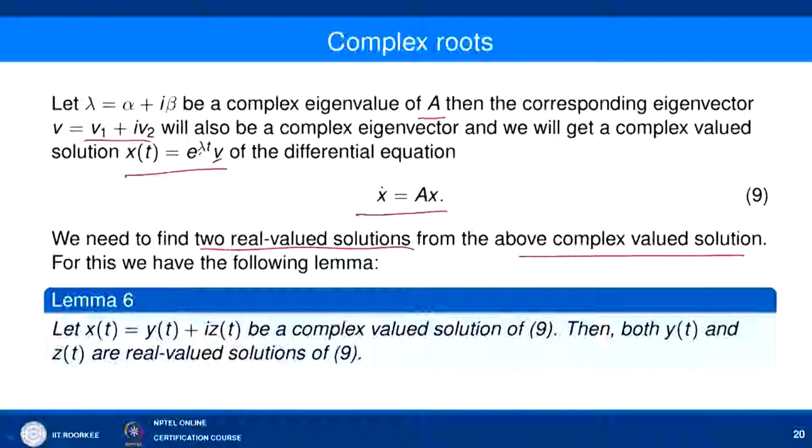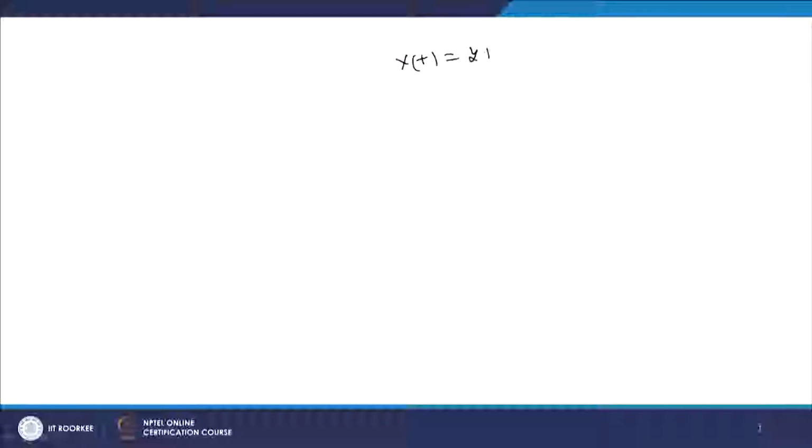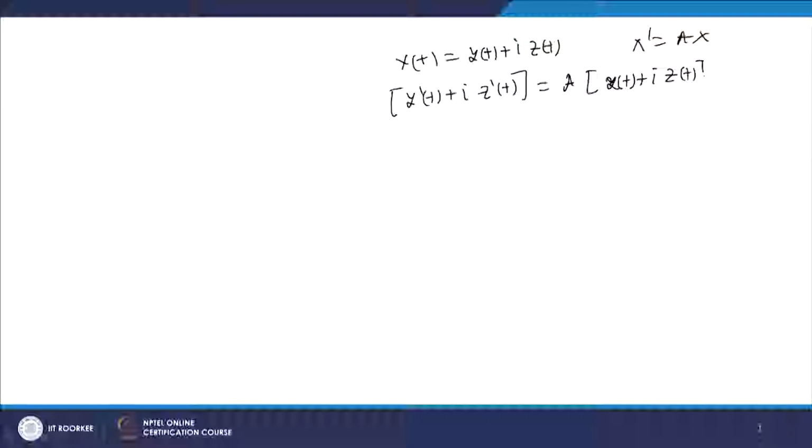First let us prove that these are real valued solutions. Since x(t) is a solution, it will satisfy the system. Write x(t) = y(t) + i z(t), and x(t) is a solution of x' = Ax, so y'(t) + i z'(t) must equal A times (y(t) + i z(t)). If we separate the real and imaginary parts, we have y'(t) = A y(t) and z'(t) = A z(t).